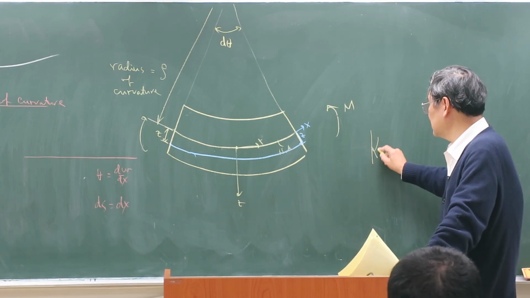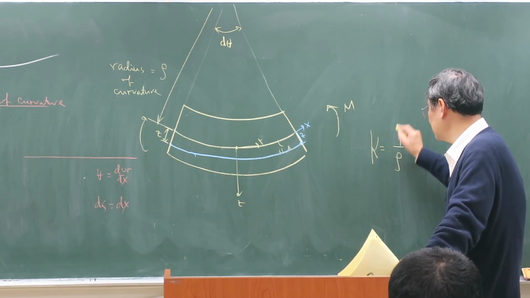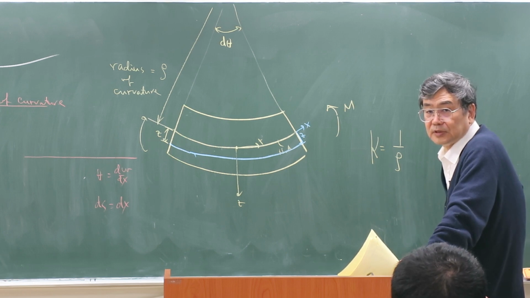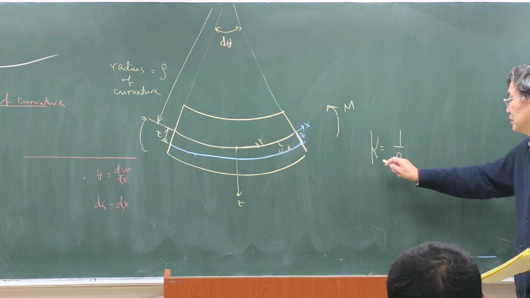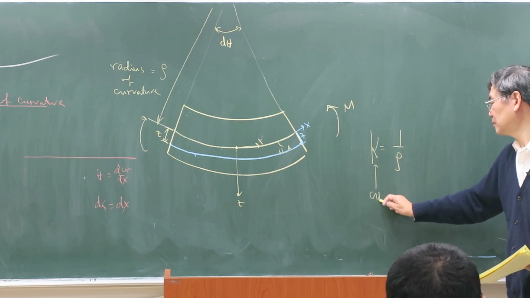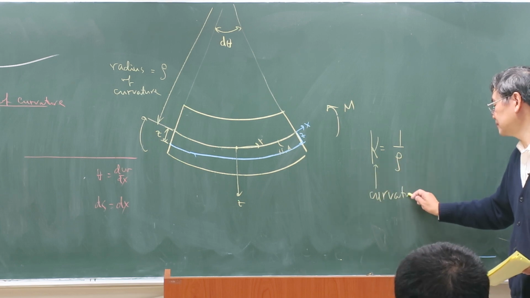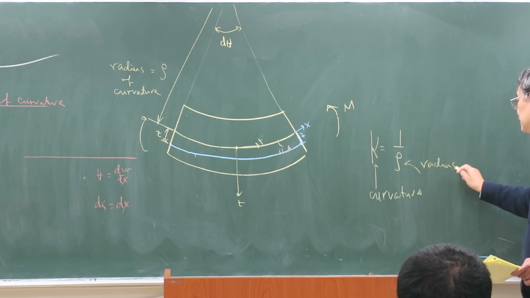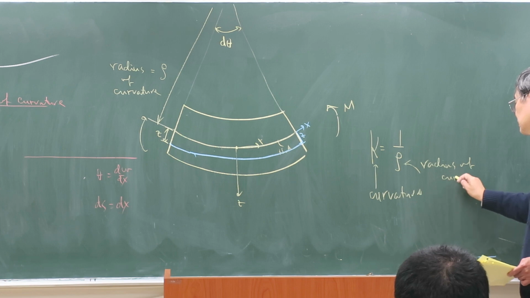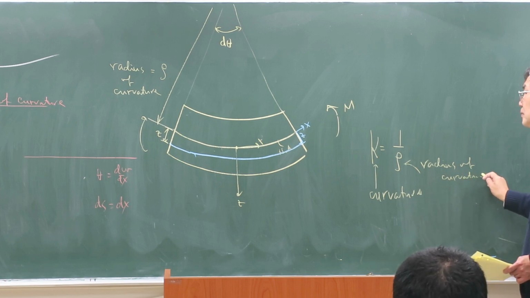So curvature is what? It is the inverse of the radius of curvature. This relationship, okay? This is the curvature. This is the radius of curvature.